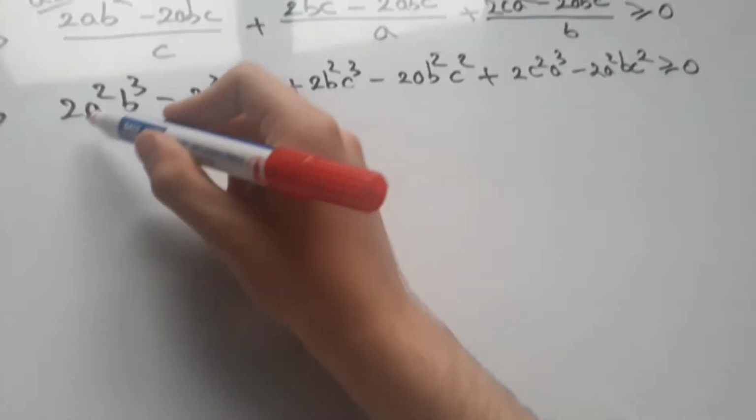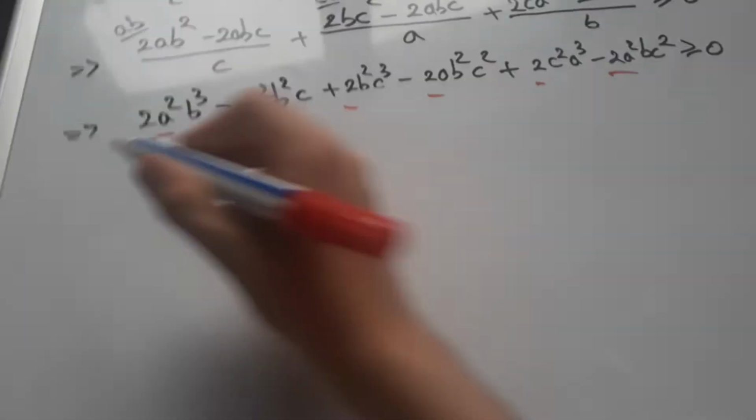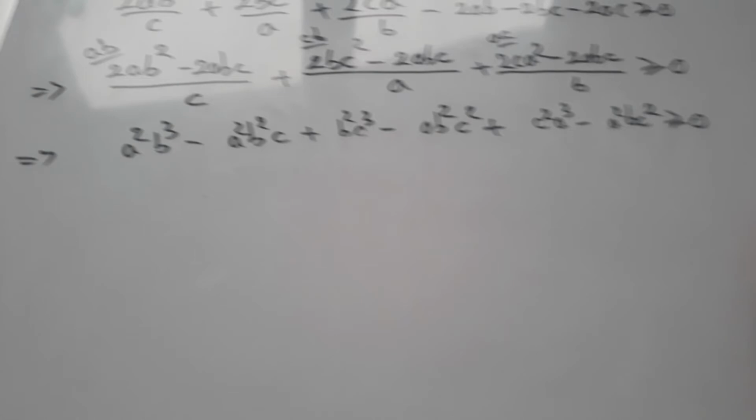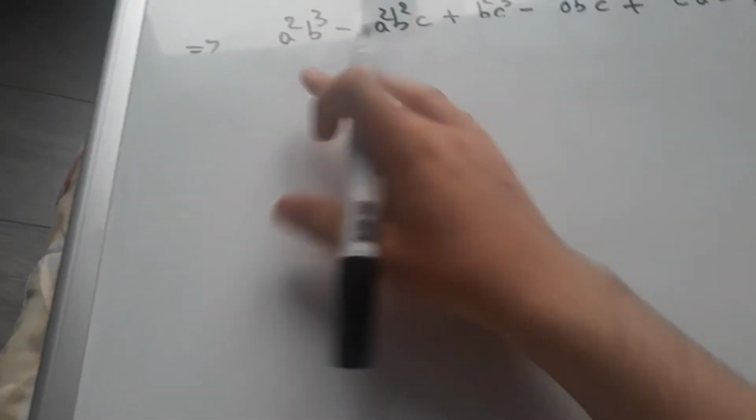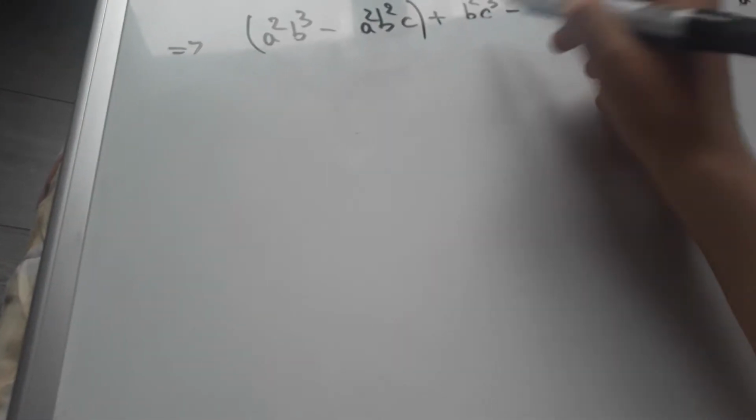Now another thing that we observe is this coefficient 2. We don't need it, so we can divide by 2. So we are remaining with the coefficient 1. The next thing that I see is that we can factor this sum like this.